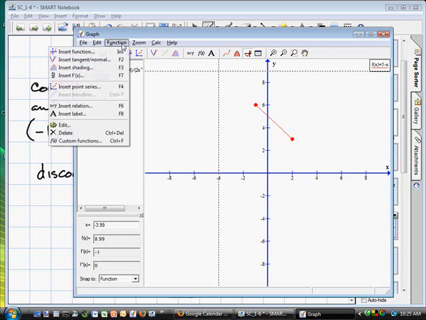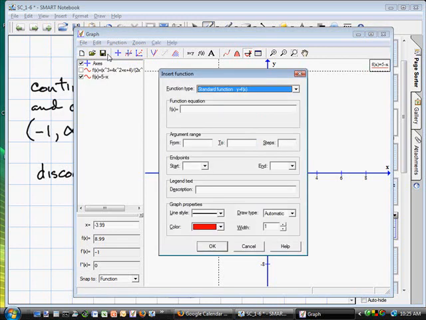Okay, now the other one is the curve x squared minus 1. I should change colors here. Okay, x squared minus 1. And we're supposed to do that from 2 not inclusive to 3 inclusive.